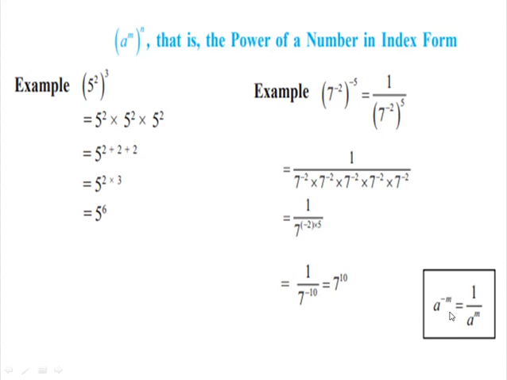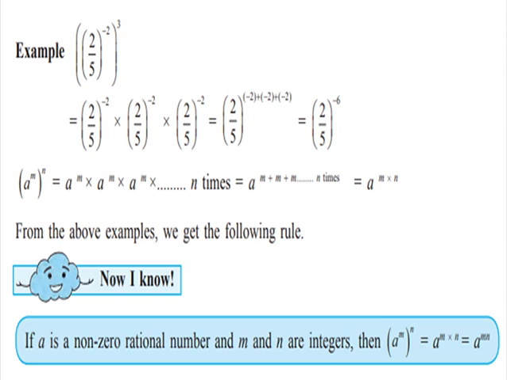Now let us see some more examples. Here the base is given in quotient form, or as a rational number, raised to negative 2 raised to 3. That is 2 upon 5 whole raised to negative 2 whole raised to power 3.